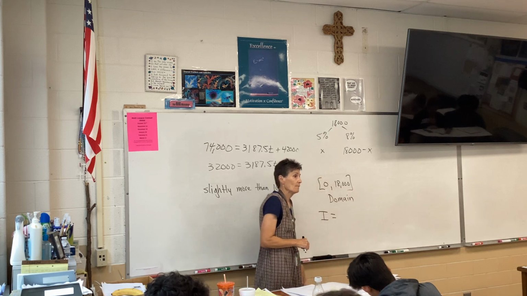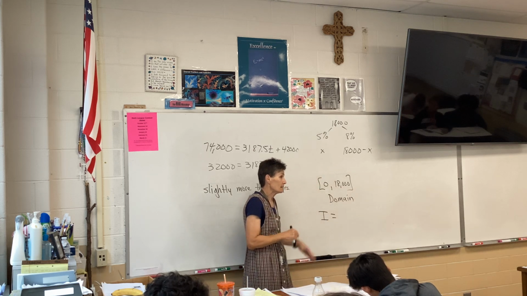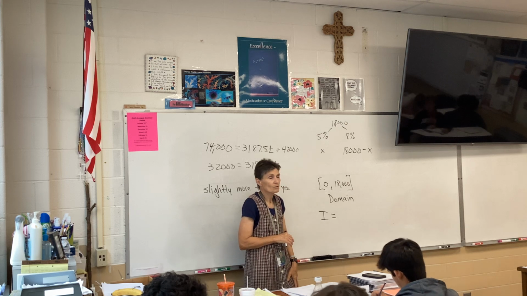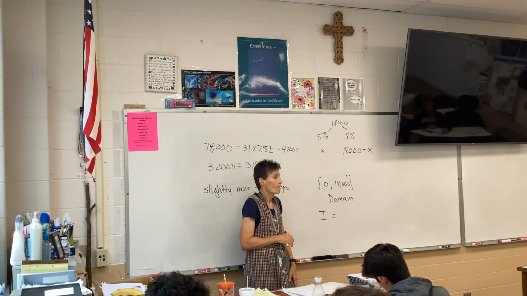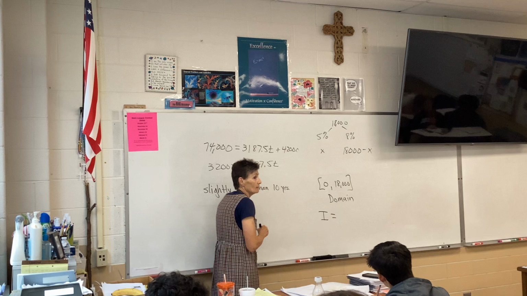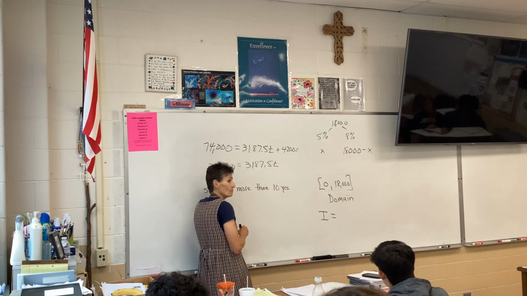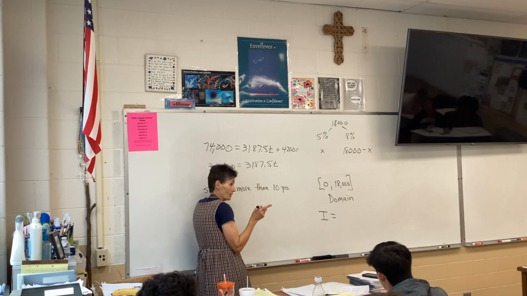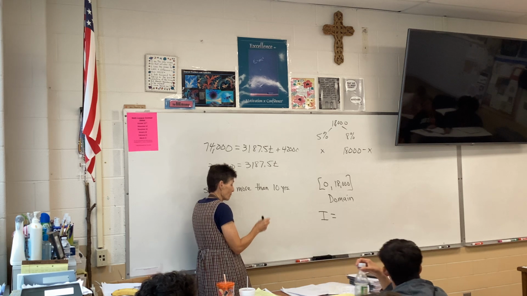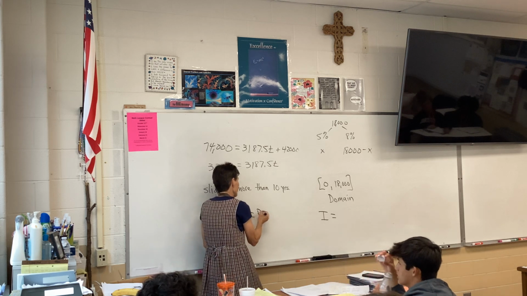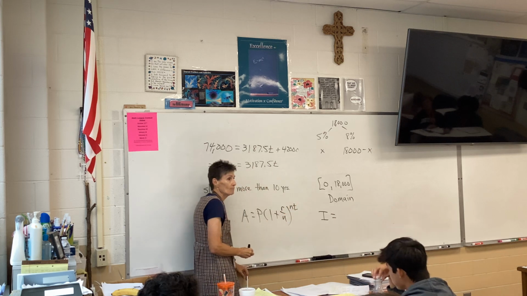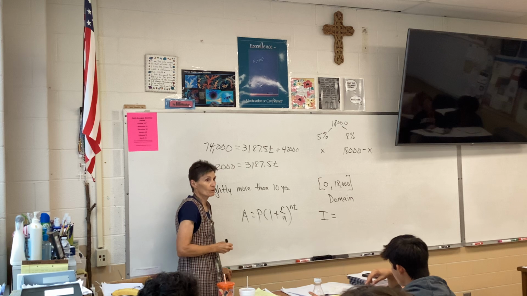All right. Now I need to write an equation for interest. Anybody know anything about interest? Parentheses 1 plus. Oh. I can't believe you can remember that, but you don't need to write this down. He's doing compound interest. That's the formula for compound interest.